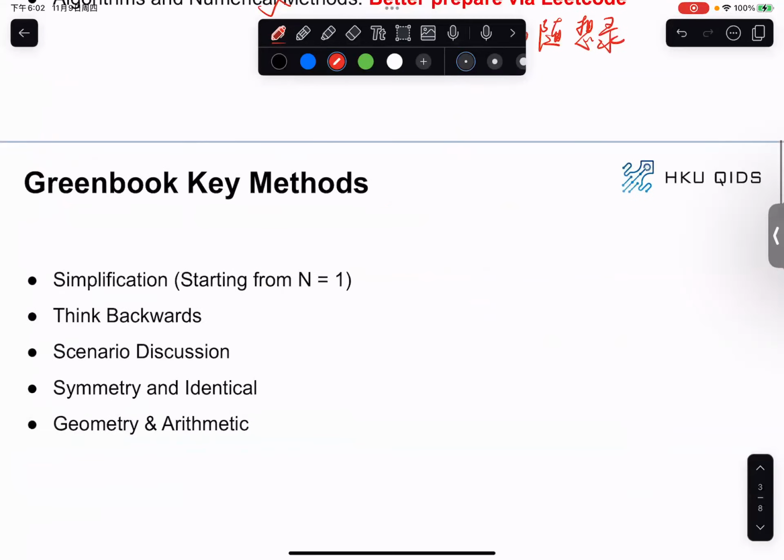So here are some key methods I'm going to walk you through. These 5, I think, are the most important. The first one is just simplification. You can see this actually applies to a lot of brain teasers and probability questions. There are lots of times that the interviewer is going to throw you a question that you haven't seen before. And because you are nervous during the interview, you probably cannot come up with a perfect idea.